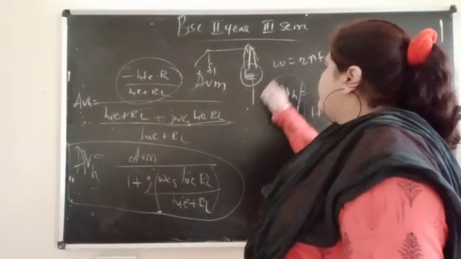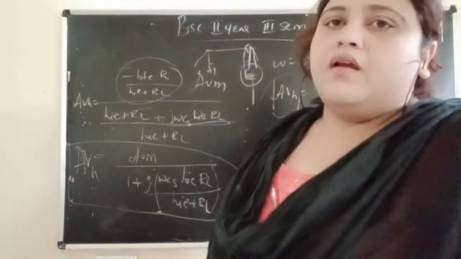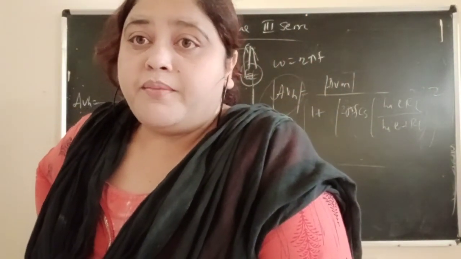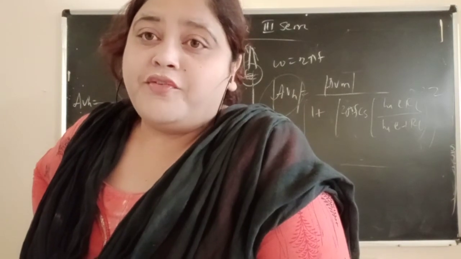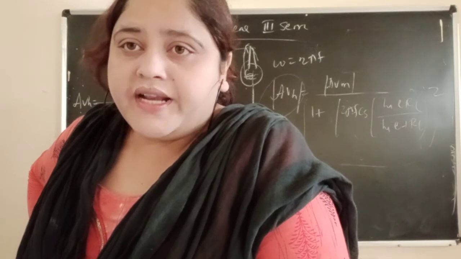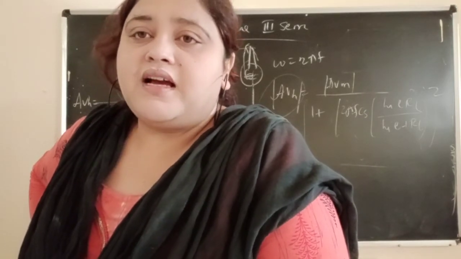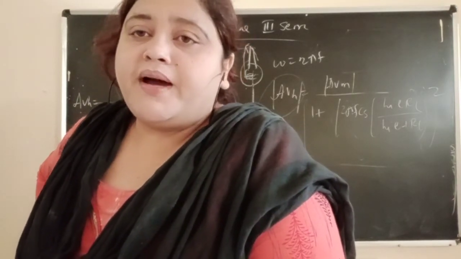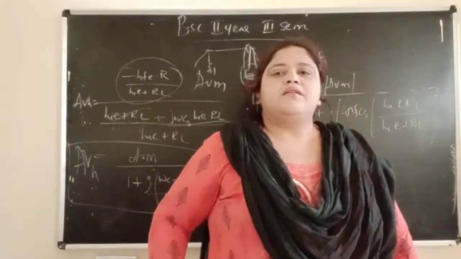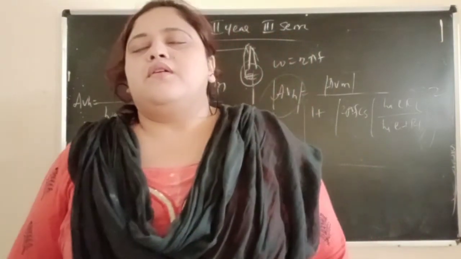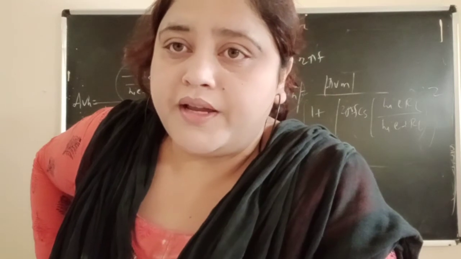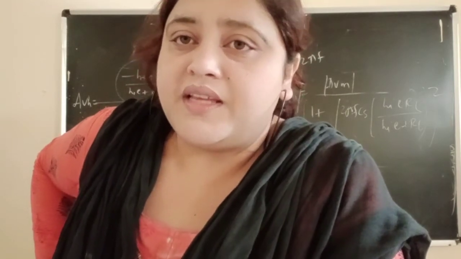So it is defined as the magnitude of the high frequency range falls to 1 by root 2 of the mid frequency range. Mod AVH is equal to AVM by root 2. So it falls to 1 by root 2. That means the magnitude of the high frequency range falls to 1 by root 2 of the mid frequency range.